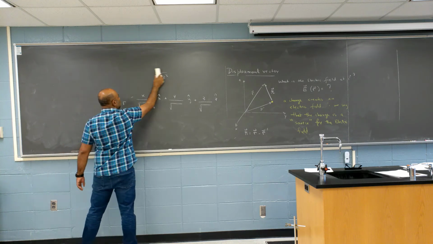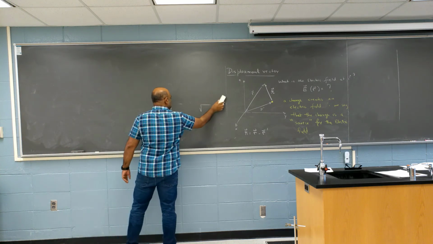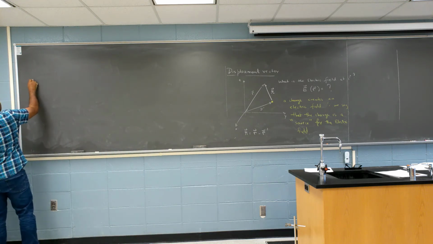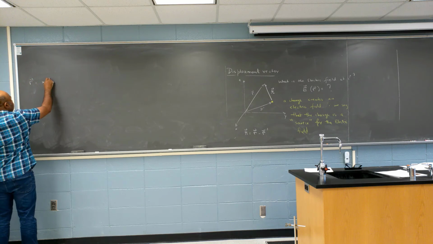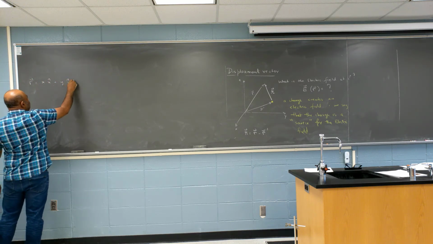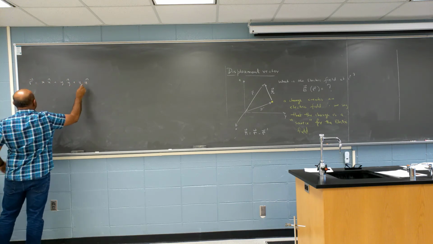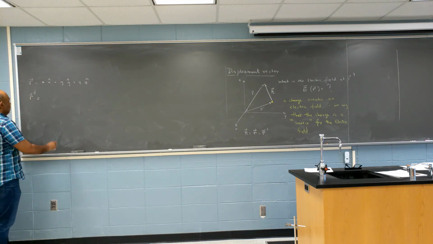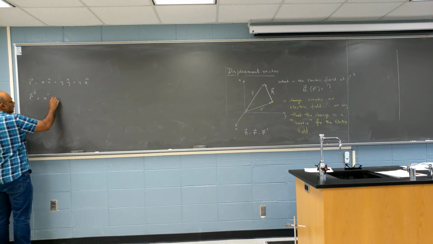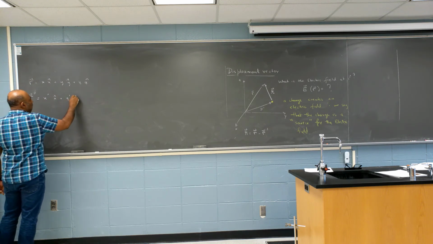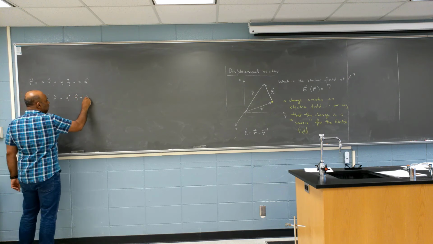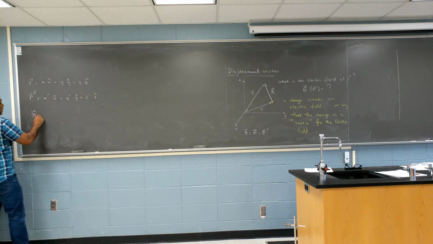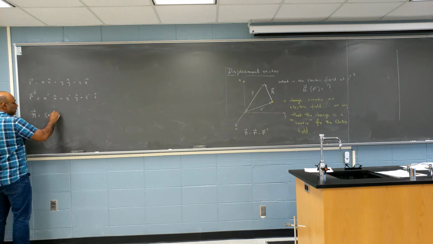Let me write that out. R equals x times x hat, y times y hat, z times z hat. This is only notation, so do not let this confuse you. So I'm just going to call R prime x prime in the x hat direction, y prime in the y hat direction, z prime in the z hat direction. So the displacement vector is nothing more than the difference.